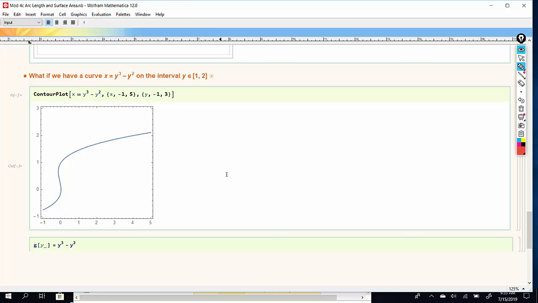I'd want to represent my ds as the square root of 1 plus dx/dy squared, dy. Now I have my arc length represented as a function of y, which means if I do my surface area calculations, I have to take that into consideration as well.